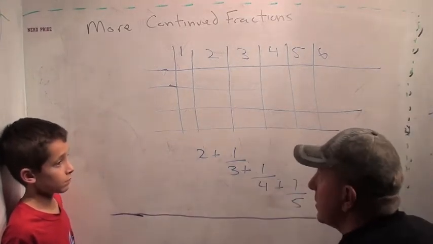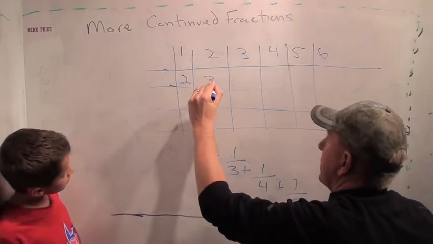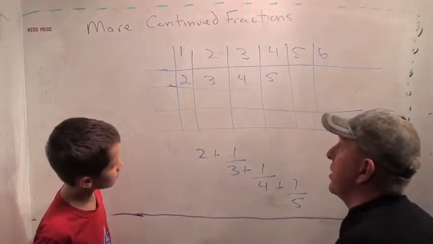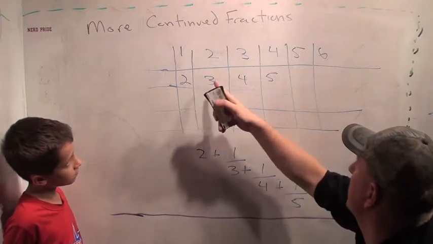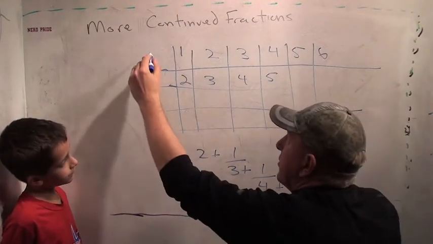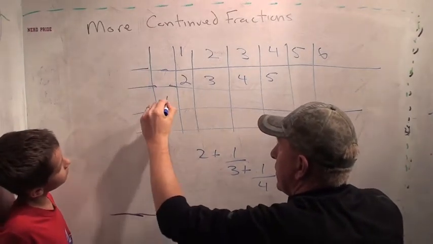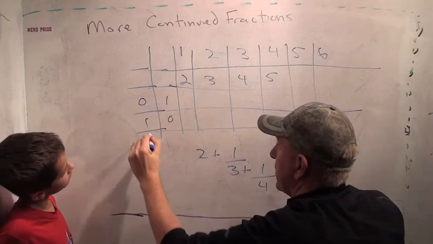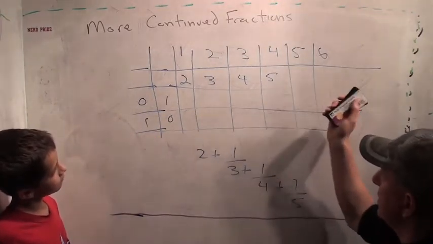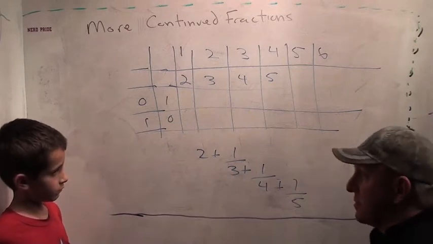All we do is write down 2, 3, 4, 5. In our one that produced the Fibonacci, all we'd write down is 1, 1, 1, 1. And then over here, we just write 1 and 0 and 0 and 1. So we start out like this. This is our continued fraction generating machine.